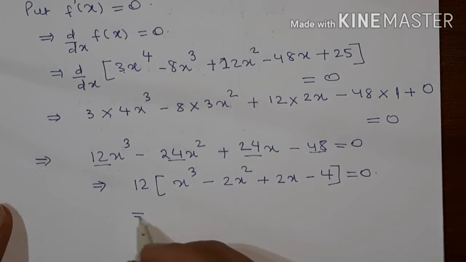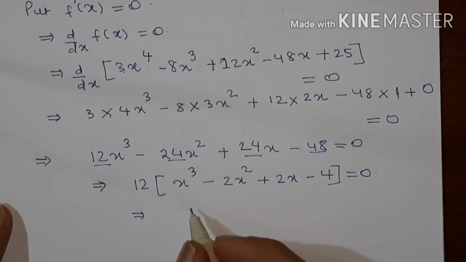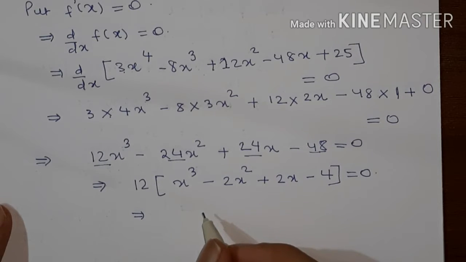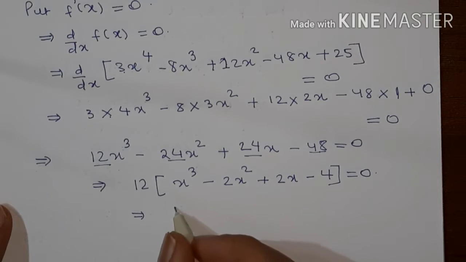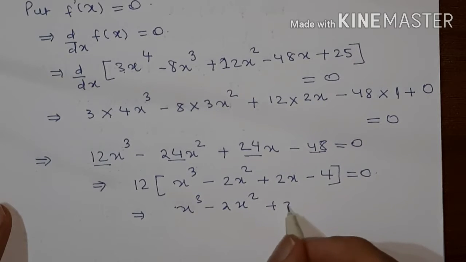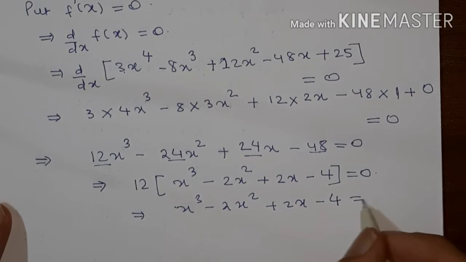Now if we divide 12 on both sides, what we get? We'll get x cube minus 2x square plus 2x minus 4 equal to 0.